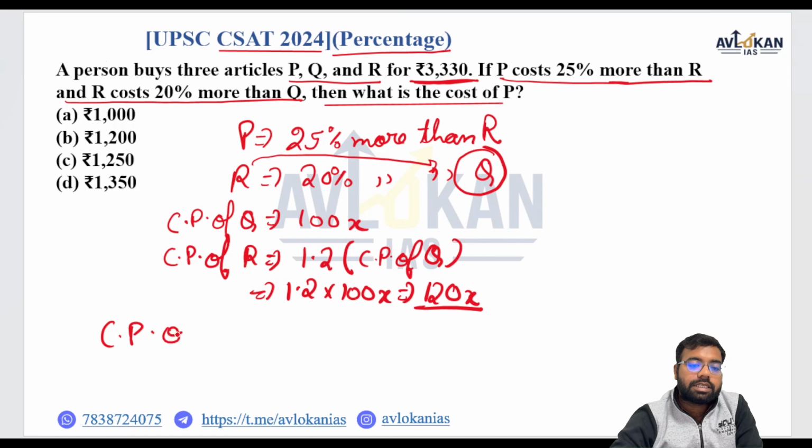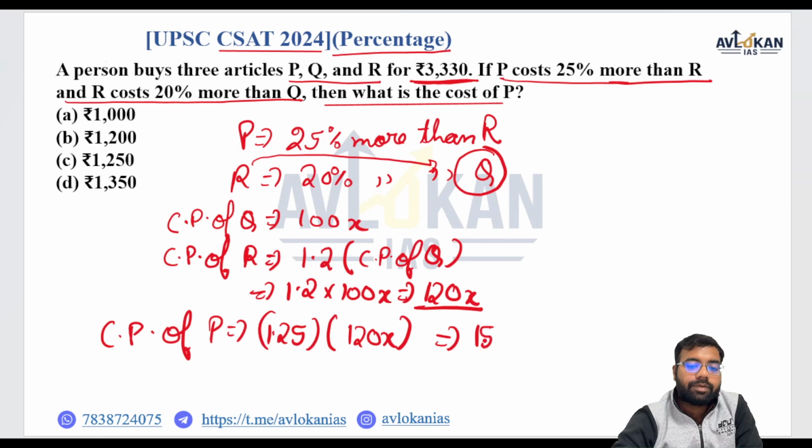And similarly, CP of P is going to be 1.25 times 120x, and this is nothing but 150x.